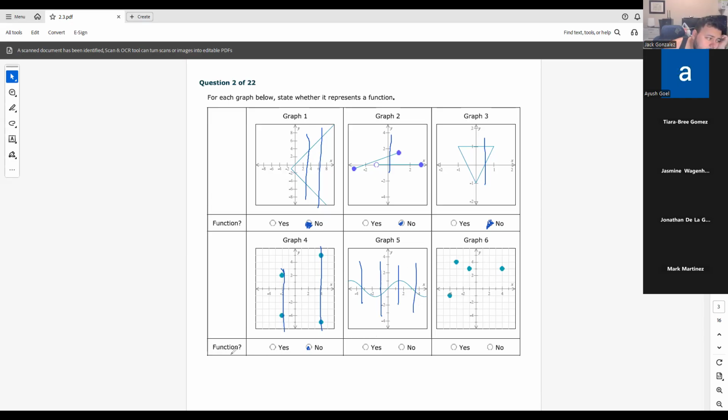No matter where I draw it, I'm not going to hit two. What about six? Will any vertical line hit two points? Then we're good. So the first four are not functions, the last two are. Any questions on number two?